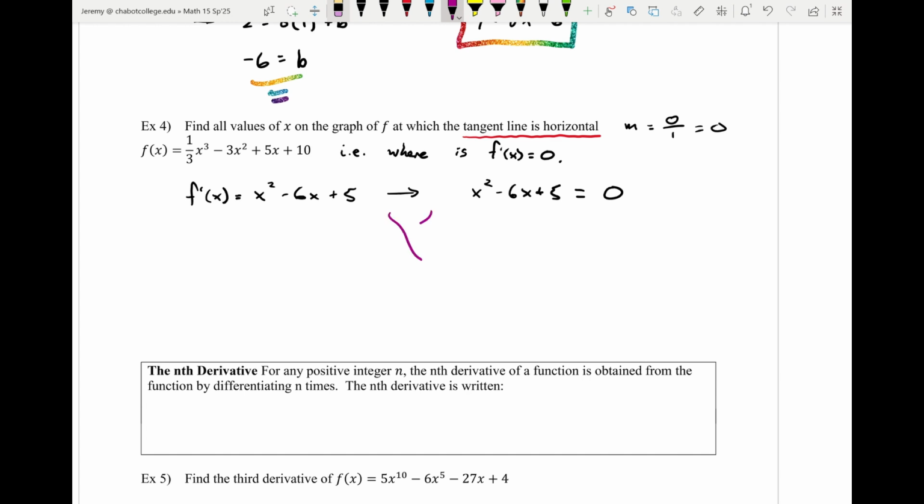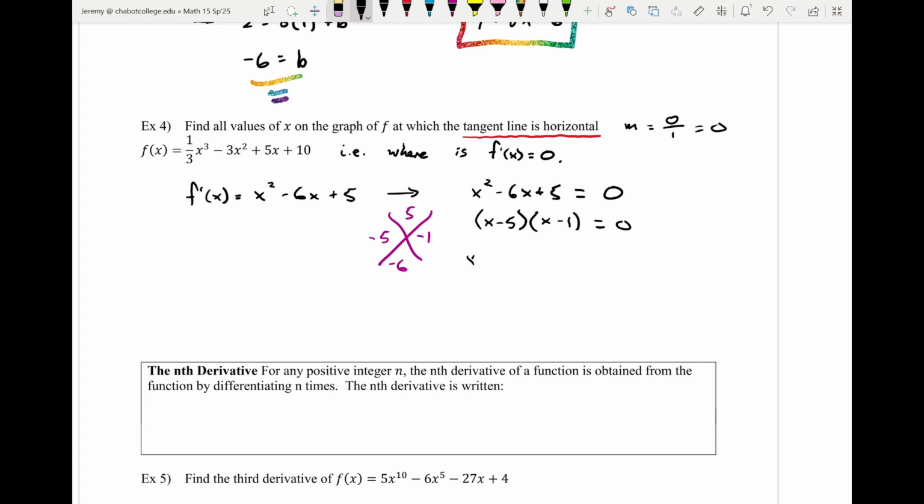Let's see if it factors. That's going to be the easiest, quickest way to solve this. Do we have two numbers that multiply to 5 and add to -6? I think we do. I think that -5 and -1 are going to do the trick. They multiply to +5, add to -6. So the factored form will be x minus 5 times x minus 1.